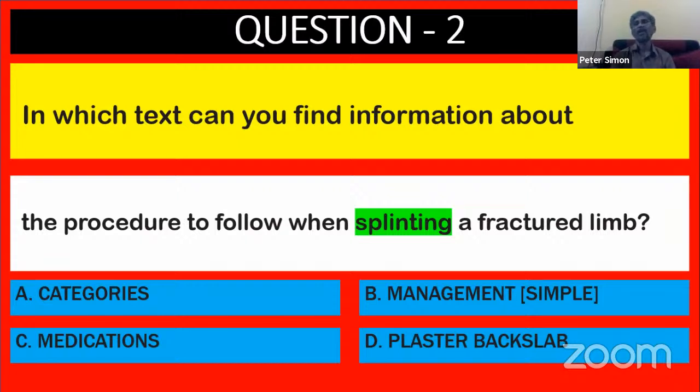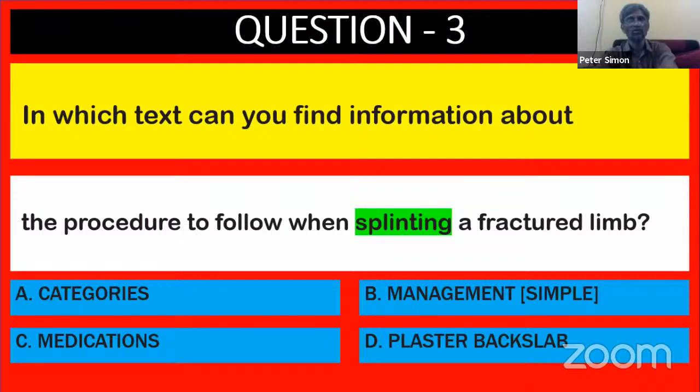It doesn't come under categories, it is not simple, and it is not medications. You have to take some serious measures.